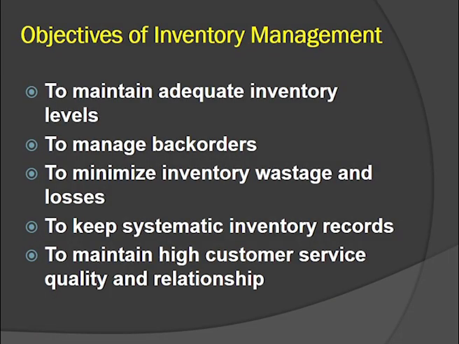Minimize the inventory wastage and losses. In most cases in manufacturing industries we come across inventory wastage. More and more wastage we find in inventory that can be minimized, and also losses of spoilage, defectives, and so forth. Keep systematic inventory records from time to time, at what time you have what level, that means minimum level at what time, maximum level at what time, average level.